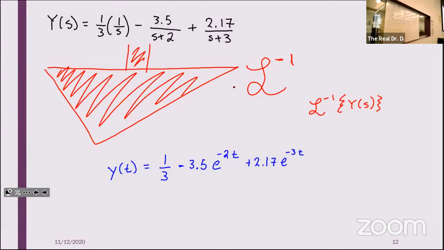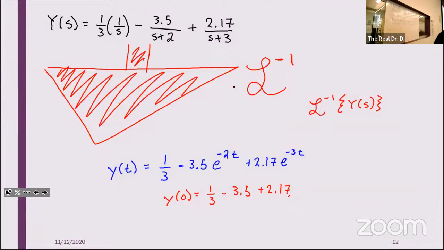You can even check this with the initial conditions to see if it pans out. So if you plug in y of 0 here, what do we get? So what is that?